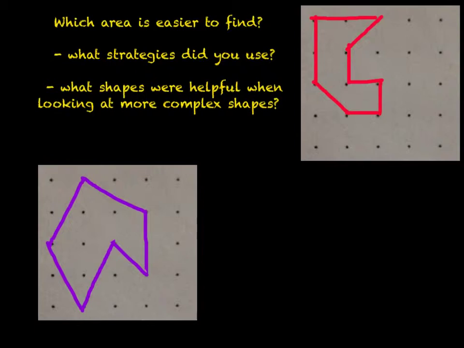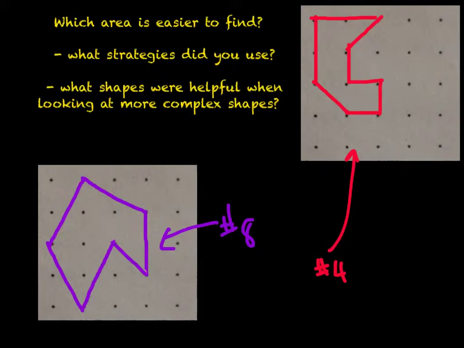Looking at these two, I believe this one in red was shape number 4, and this one in purple was shape number 8. The first question we need to ask ourselves is which area was easier to find.